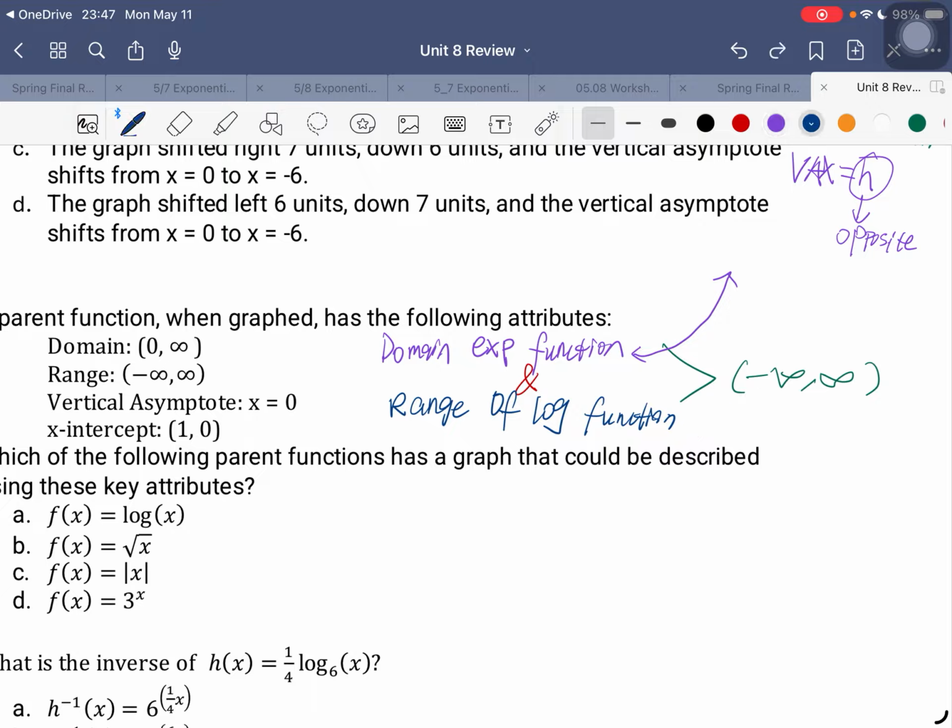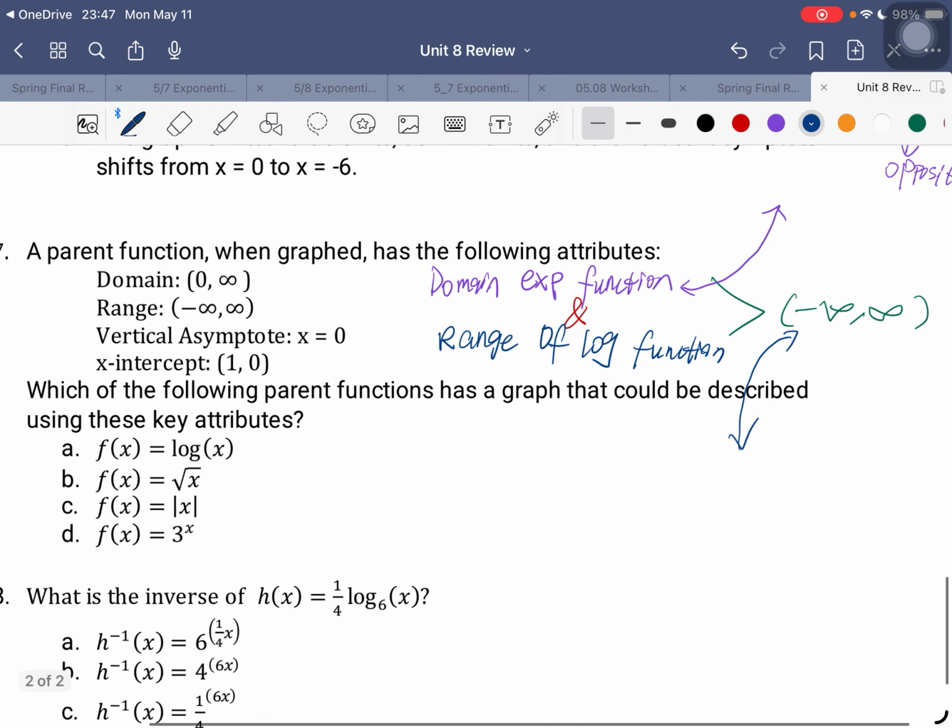And you need to use a different color. This is the range. Vertically, it can move all the way from negative infinity to infinity. So make sure you write this down. And for the asymptote, this is the asymptote for log. This is the asymptote for exponential.